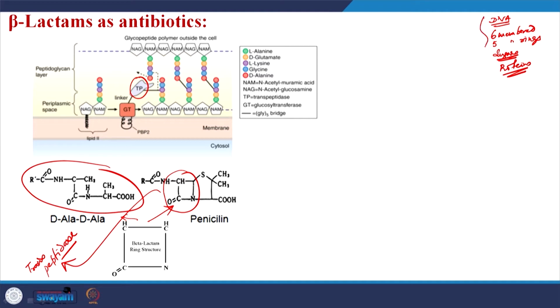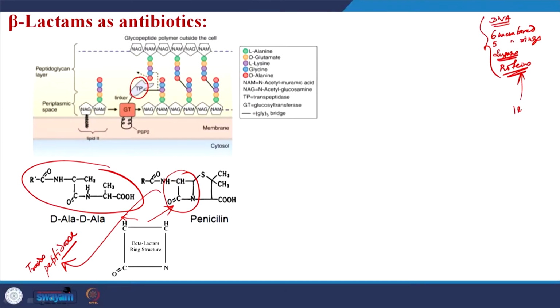Because the strain generated because of the angular changes is least here. And the strain is most in a 4-membered ring or a 3-membered ring.